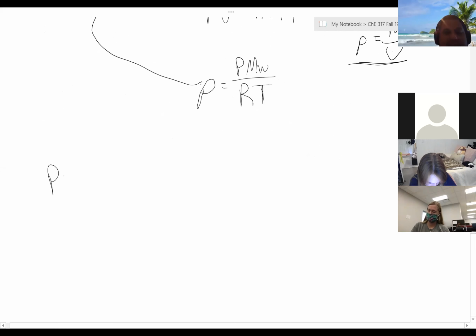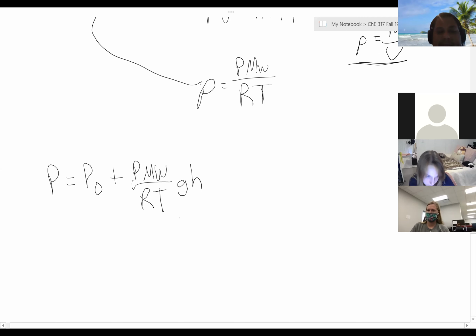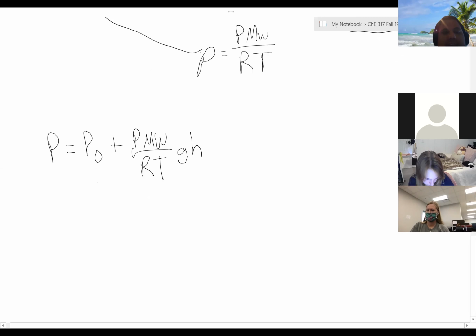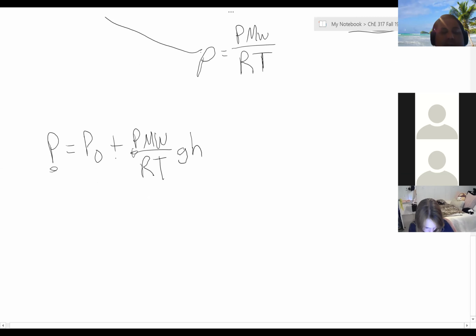Then I have pressure is equal to P naught plus P molecular weight over RT times gravity times height. So now I have an expression with pressure on both sides of my expression.